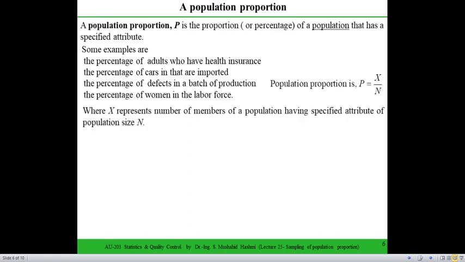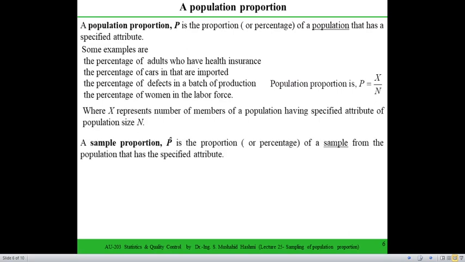Okay, so let's say X represents the number of members of a population with this particular attribute out of the population size of N. Just as we have already seen, if X is a random variable, then small x is a value of that random variable. So what you call a sample proportion is a statistic. Population proportion is a parameter because it is taken from the whole population.